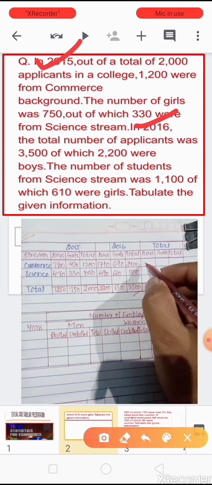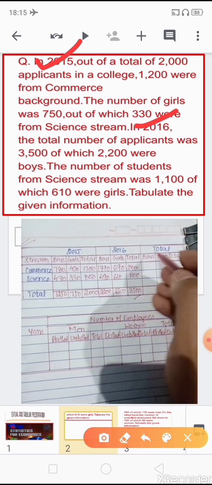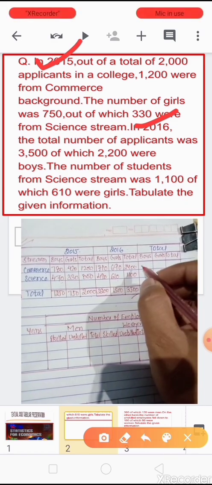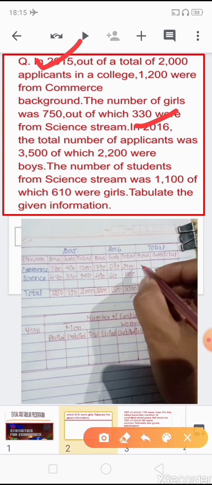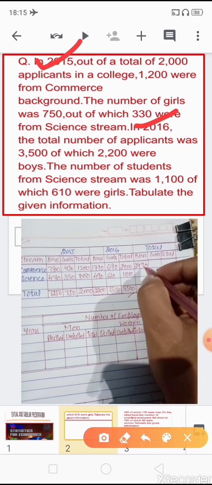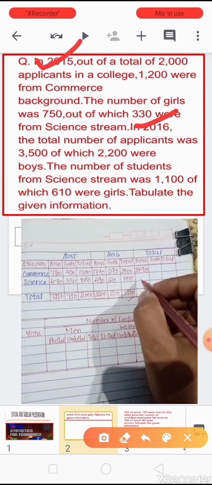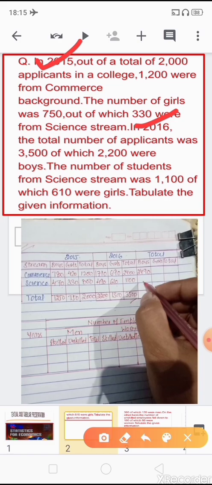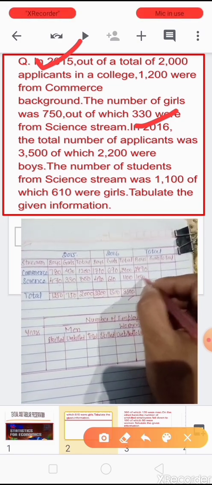So the total number of boys who are studying is 780 plus 1720. So it is 2500, I guess. Yes, and the next is 470 plus 610. 470 plus 610, it is 1080.